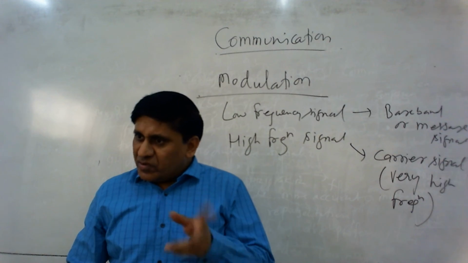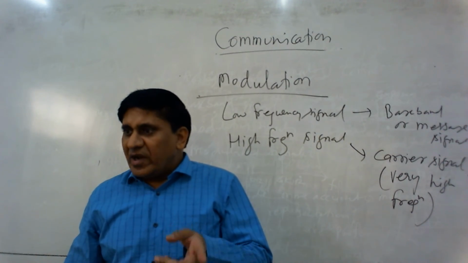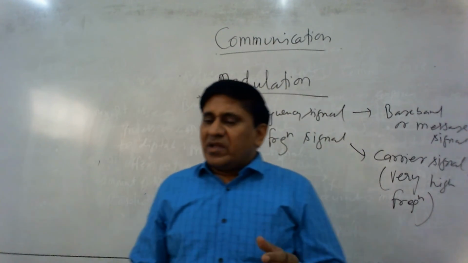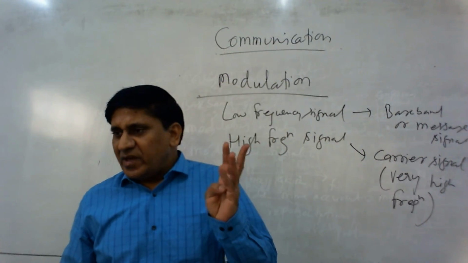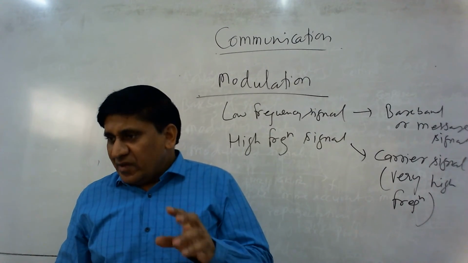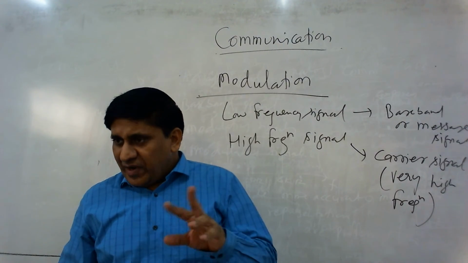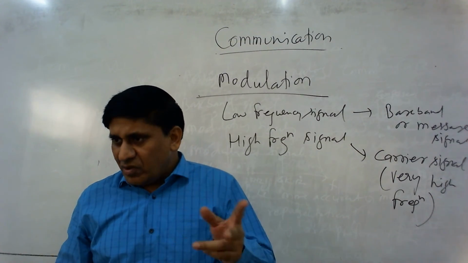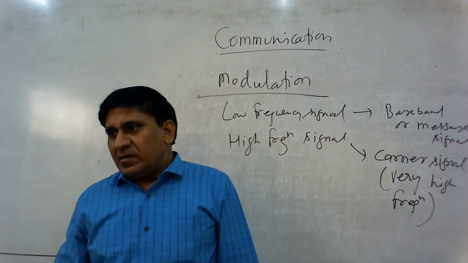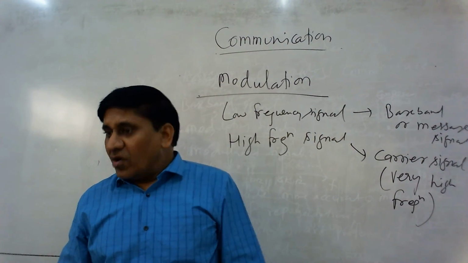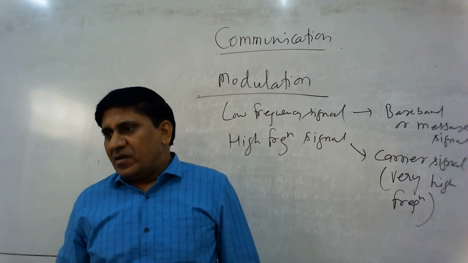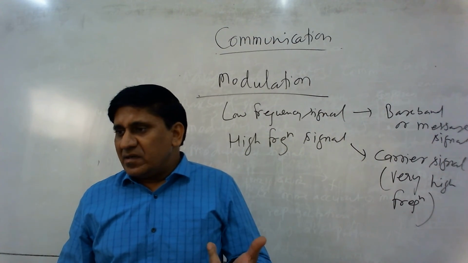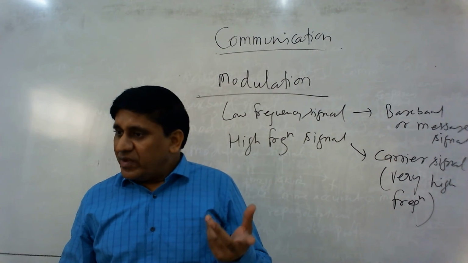If we vary the frequency while keeping amplitude and phase constant, this is called frequency modulation. If we vary the phase while keeping amplitude and frequency constant, then this is known as phase modulation.